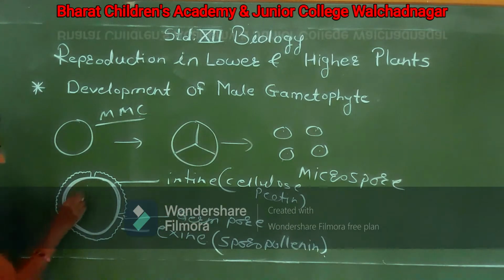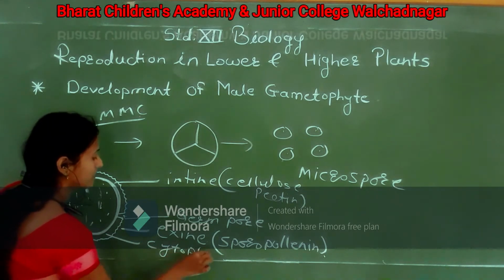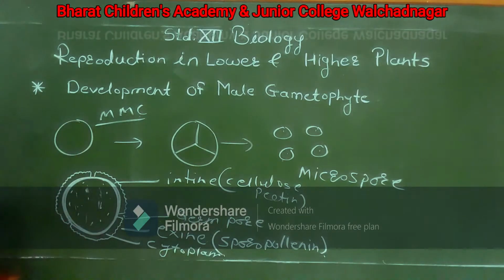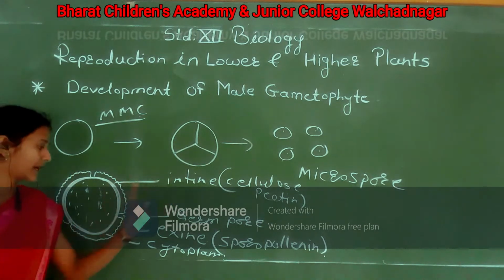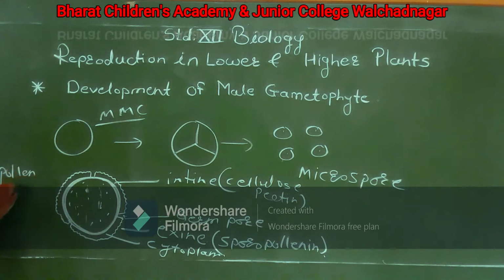And inside, the cytoplasm is there. So this is the cytoplasm, and this whole structure is called a pollen grain. It means the microspore having intine, exine, germ pore, and the inside cytoplasm. So this whole structure is called a pollen grain.